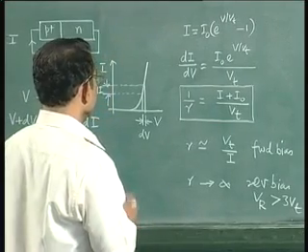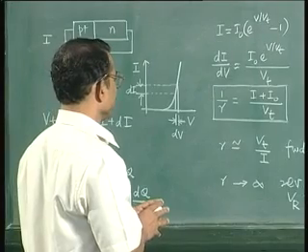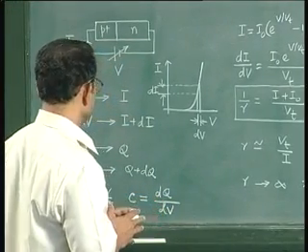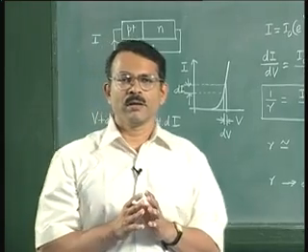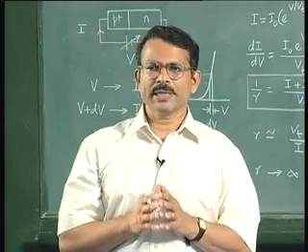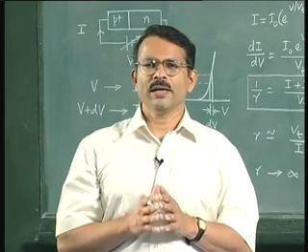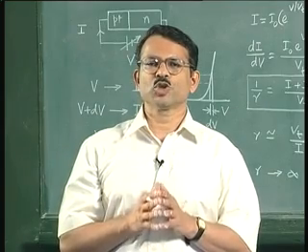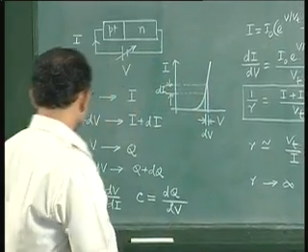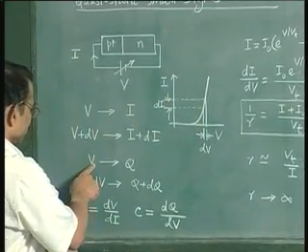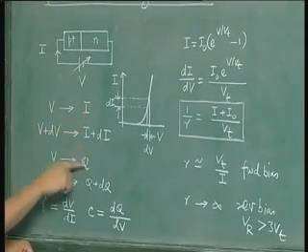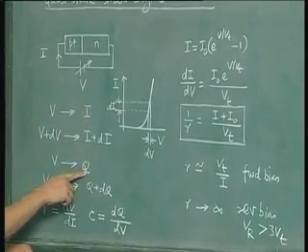Now how do we determine the capacitance of this particular diode under small signal conditions? Now before doing this, let me explain why the capacitance and the resistance both should be regarded as in parallel. Please note that the voltage V that is responsible for the current I and the charge Q is the same.